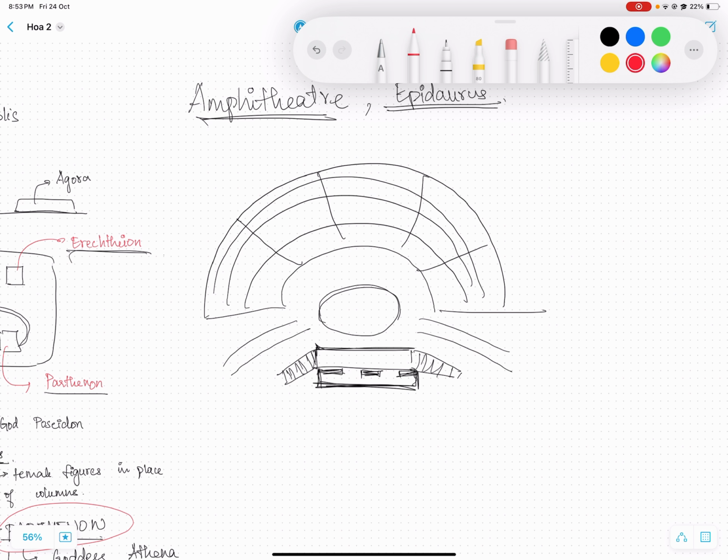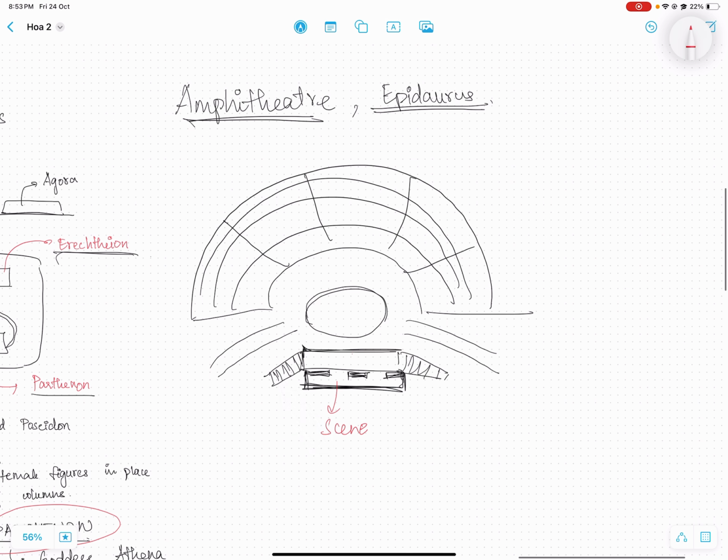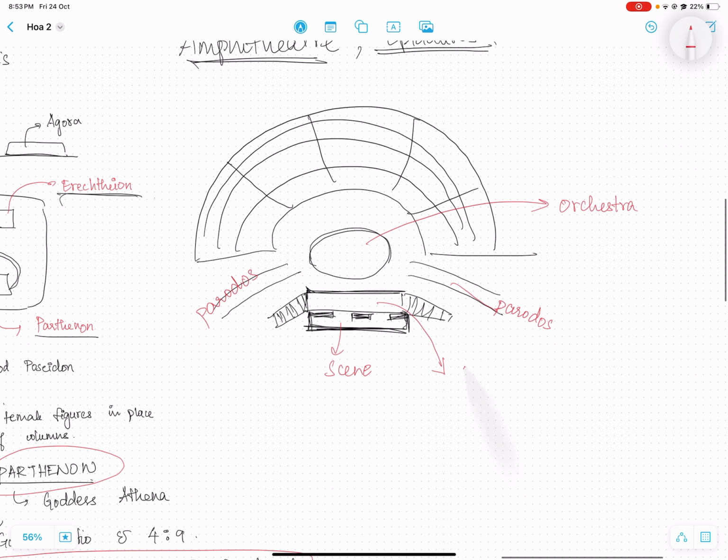Okay, so this was the scene which was used to place a backdrop and stuff. And this was your stairways. This was orchestra. We have the pathways. This was called Parados. And this was called proscenium, which is the stage. And these are your seatings.